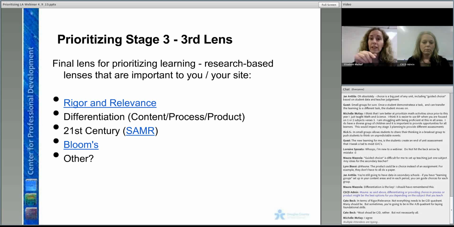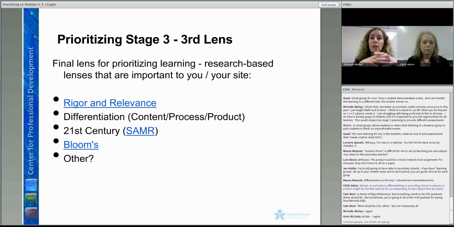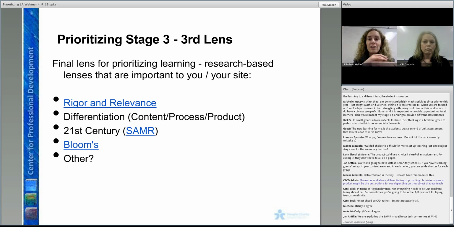Kate brings up a really valid point that, like with rigor and relevance, that's more of a quadrant-focused thing. They have sort of a CD quadrant. And she said, not everything needs to be in there. But I think I saw recently from EDCSD, a Genius teacher had created her own backward planning template in which she scripted out her assessments first and then learning opportunities, and she tagged them according to the quadrant in both cases because she was using rigor and relevance as one of her lenses.